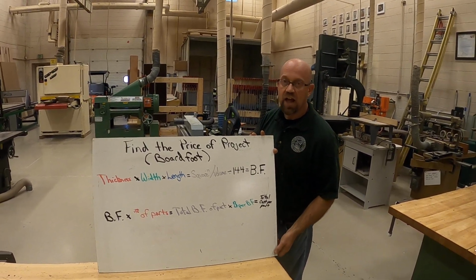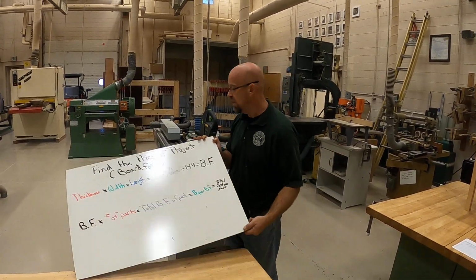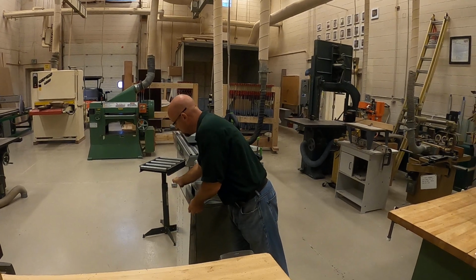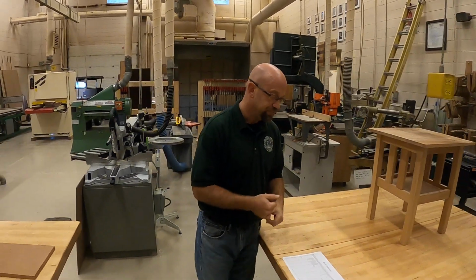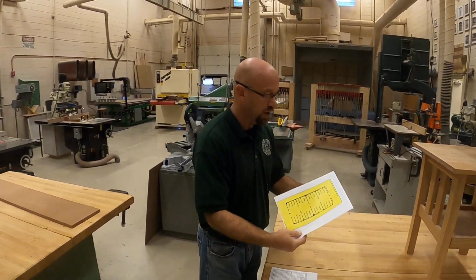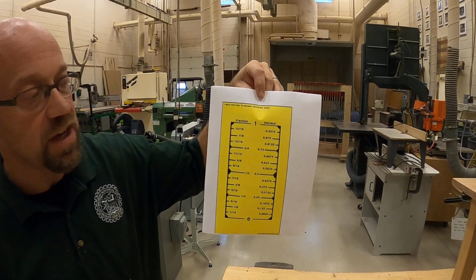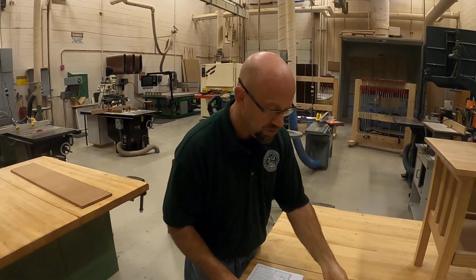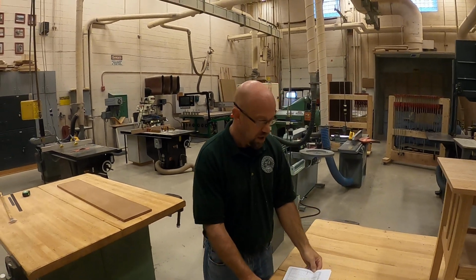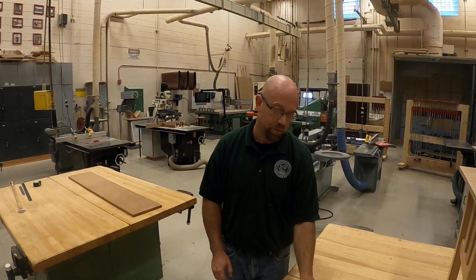Now, I have a nice sheet that lays things out. So let's come over here real quick, and I can discuss this in a little more detail so you can get a better understanding. I have taken the sheet that I discussed with you, the fraction to decimal conversion, so that when I figure out my bill of materials, I can use it.